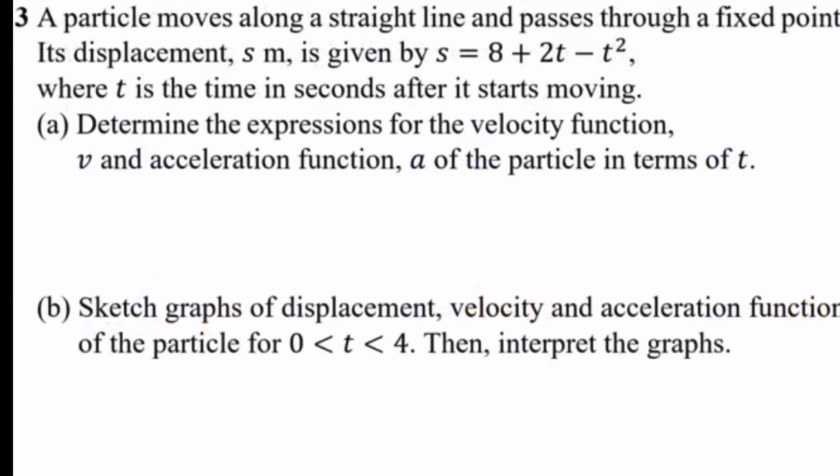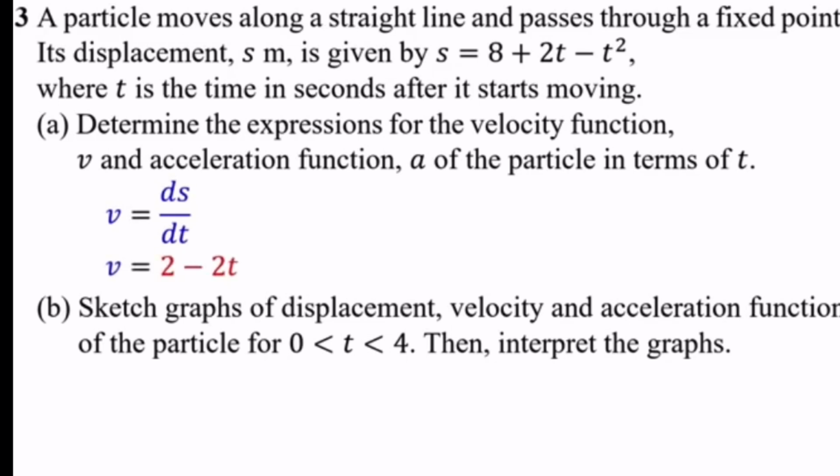So we will proceed to the next question, which is question number 3. A particle moves along a straight line and passes through a fixed point O. Its displacement s meter is given by s equal to 8 plus 2t minus t squared, where t is the time in seconds after it starts moving.